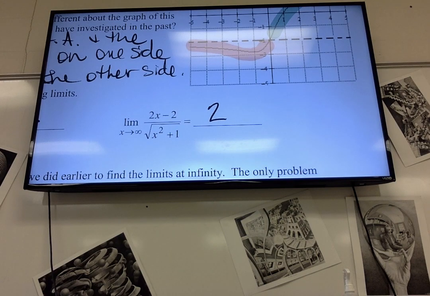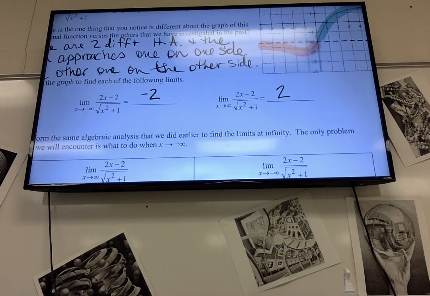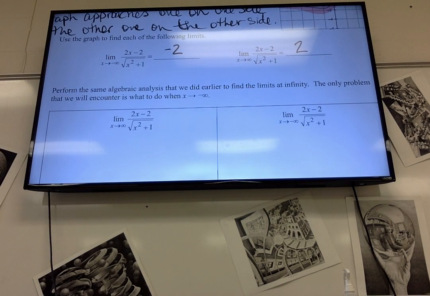So wait, will this happen if there's a square root on the bottom? Yes. It can happen. I won't say it will always happen because there are very few always in math.